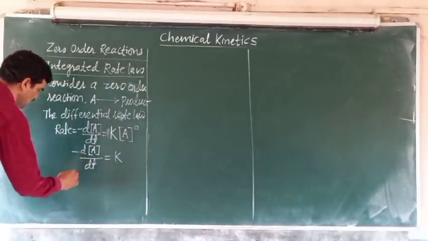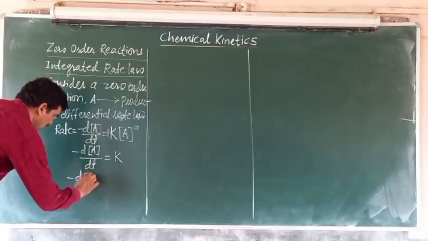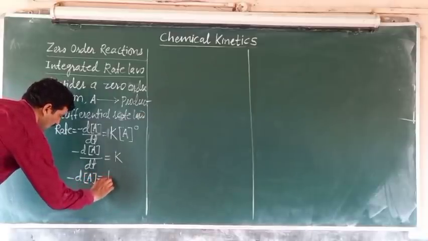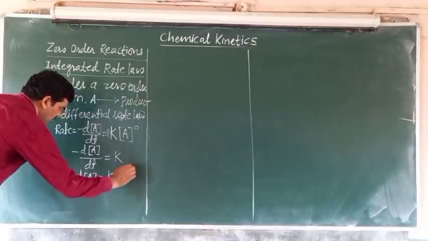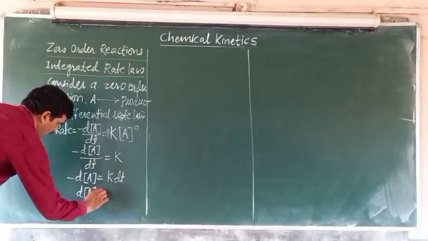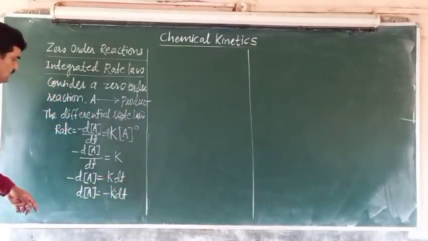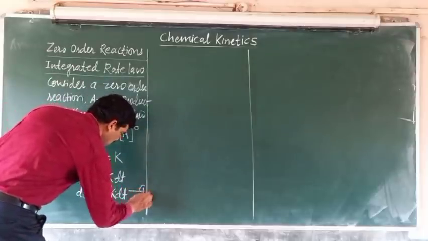We can rearrange this: minus dA equal to k dt, or dA equal to minus k dt. So this is equation number 1.